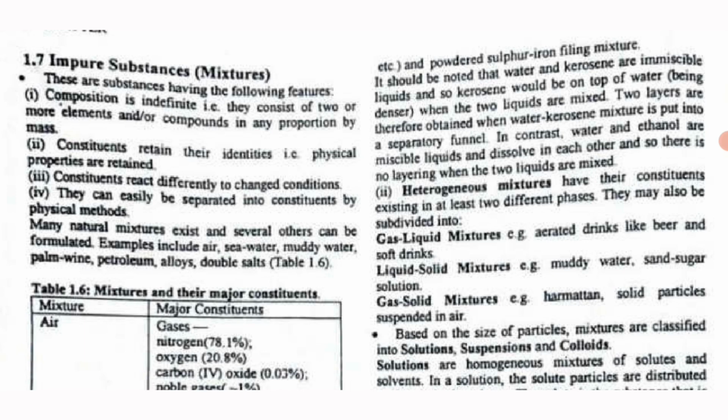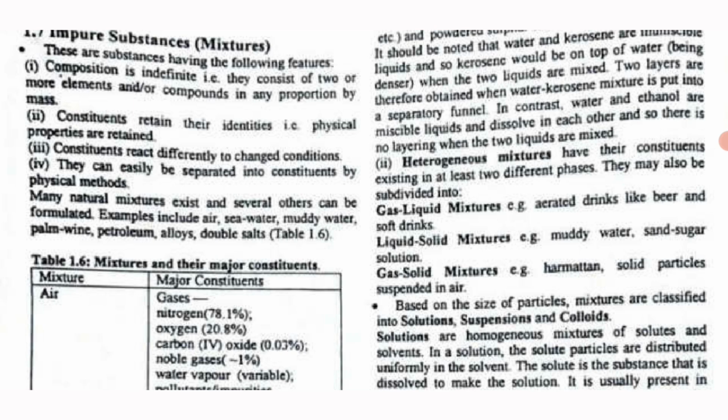All right. Now, number two, constituents retain their identities. That is, physical properties are retained. Now, it is a mixture. They are not chemically combined together, so they still retain their individual characteristics. All right. Constituents react differently to changed conditions. That's where separation comes in, whereby their reaction with different conditions can be used to separate them from each other.